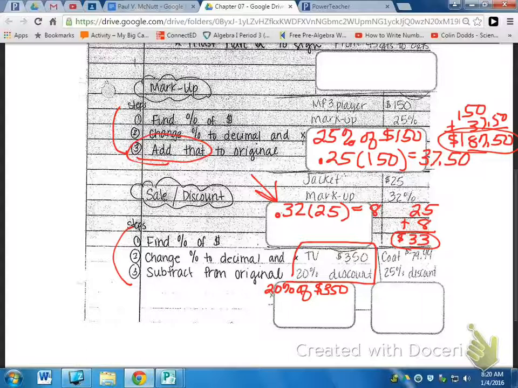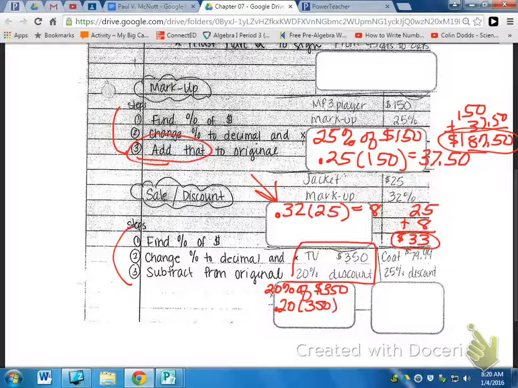Who wants to try this one? Somebody besides Tori, she just did one. Okay, Tori. Change 20% to 0.20. 0.2, good. And then multiply it by 350.